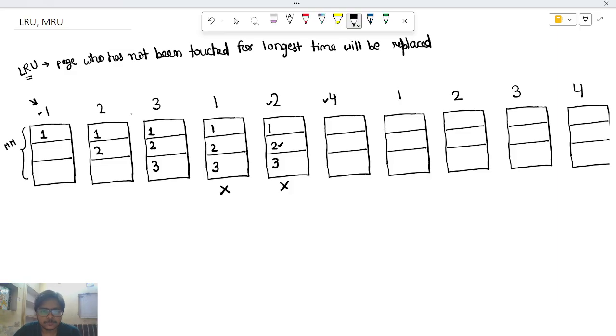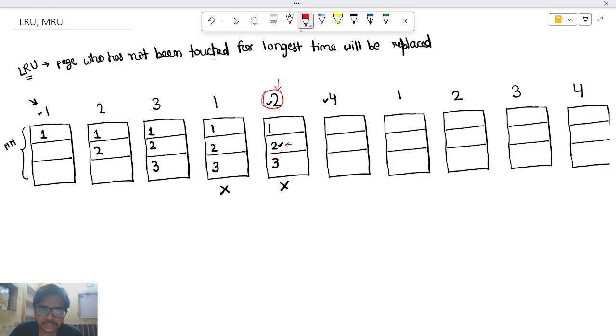So now which one will be replaced here? As you can see, the CPU requested page number 2 at this point. If the CPU has requested page number 2, it means the contents or instructions written in page 2 have been recently executed by the CPU. Whenever the CPU requests a page, it means it has been used.